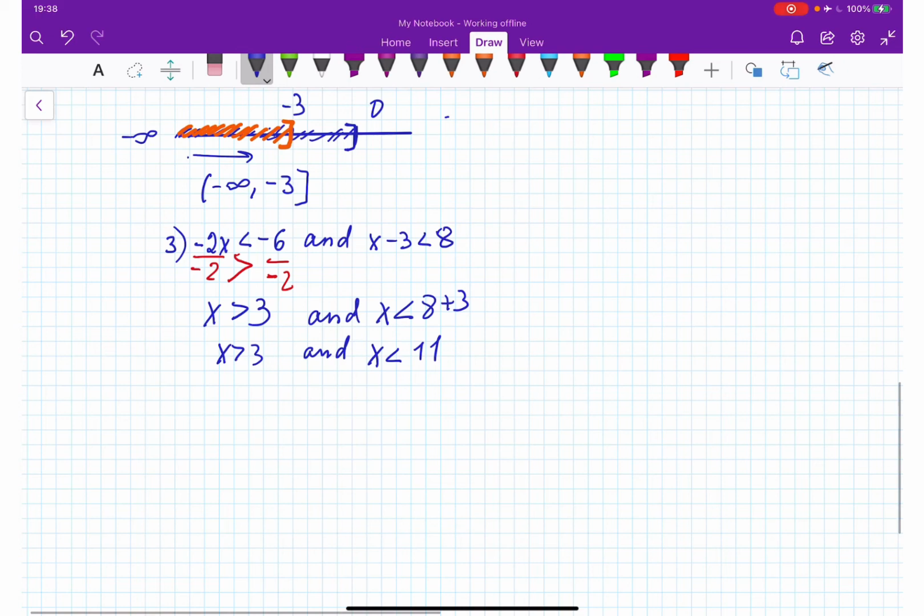Let's draw the graph. Greater than 3, because it's not equal, we put parentheses. So greater than 3 goes to infinity. And now let's use 11, less than 11. If this is 11, less than 11 comes this way.